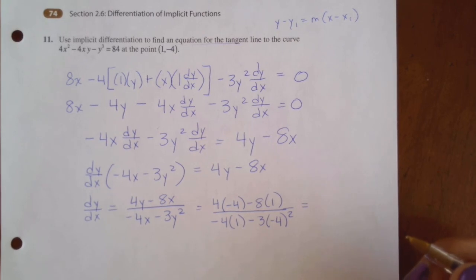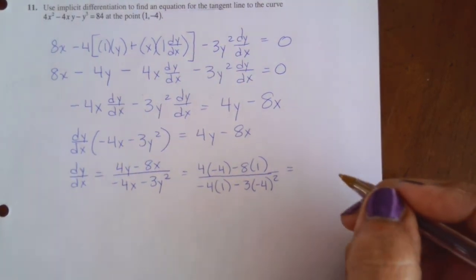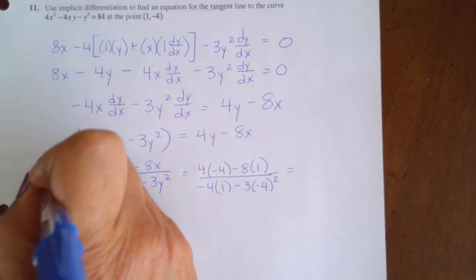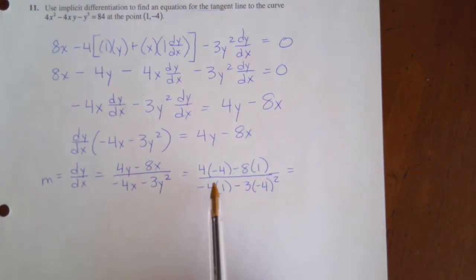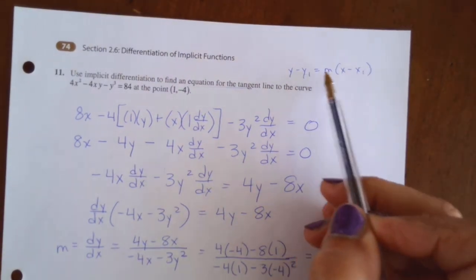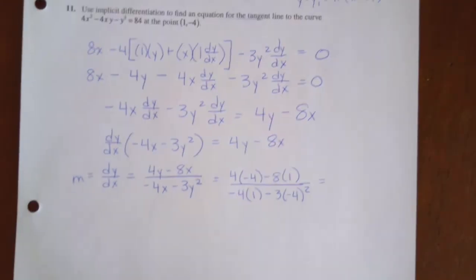All right, so remember what this is going to give me. This is going to give me the slope. This is what the derivative is, m. Because remember, I have to have m and x1, y1 to write my equation of the line.